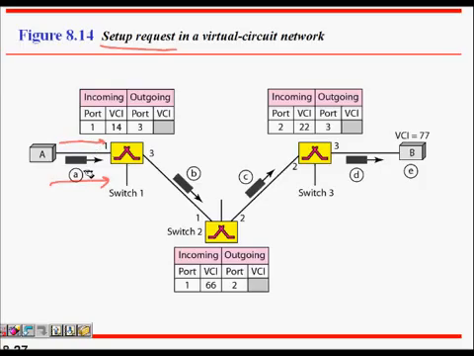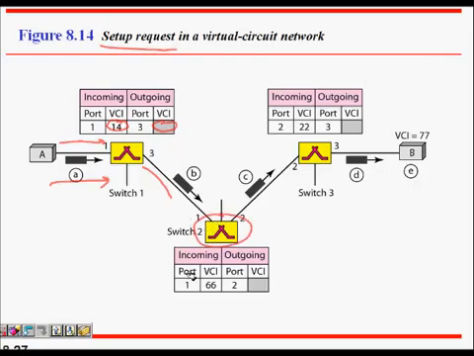So it says this is port 1 and VCI is 14. Then based on the destination address, it finds that the port number should be 3, where it should be routed. Here I cannot fill this part, because what VCI should be put will be decided by this switch.